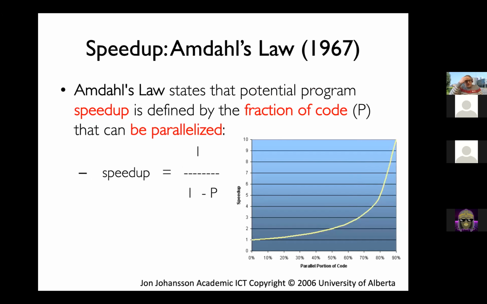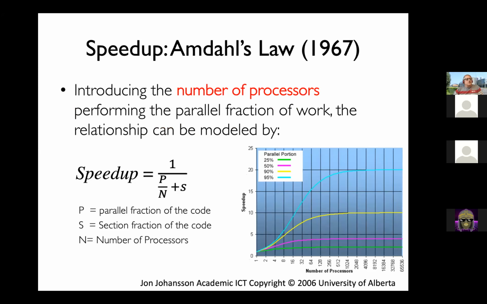But of course, he considered that this is done at a fixed problem size, that we don't have different sizes of problem. Since we have a fixed size, the fraction of execution we give to each processor is going to be smaller and smaller. Say we want to sort a terabyte.